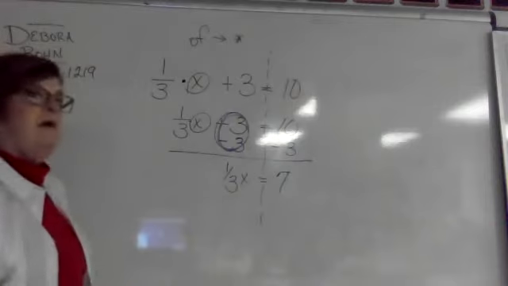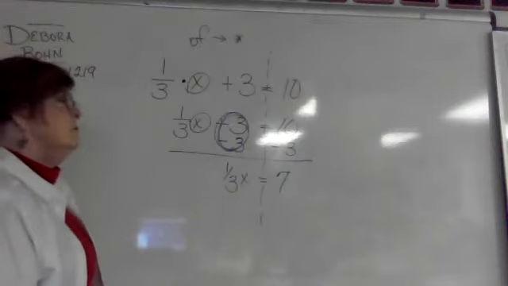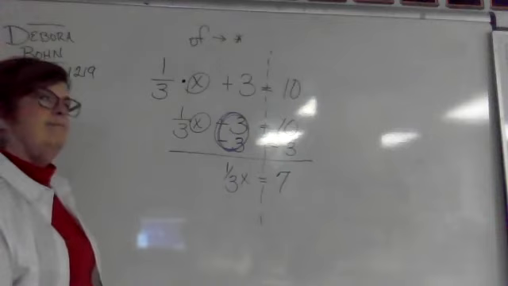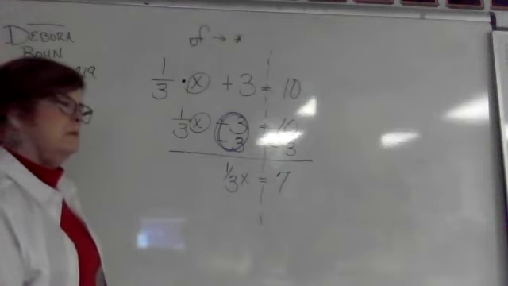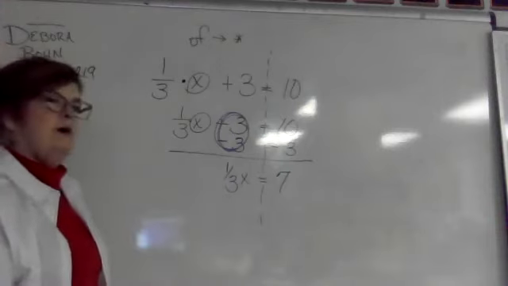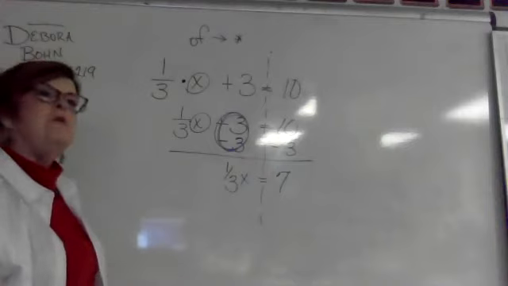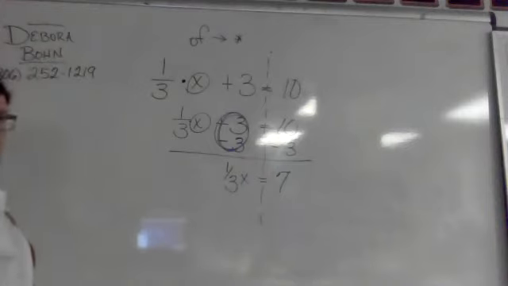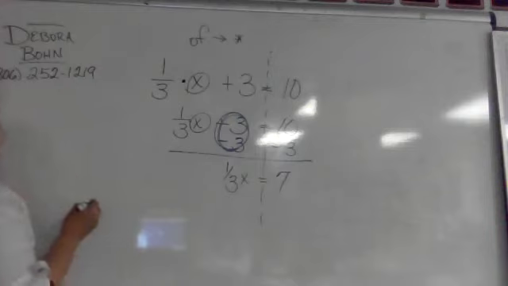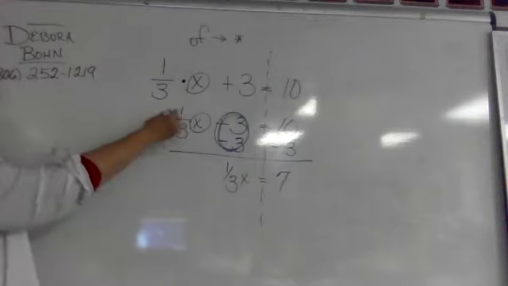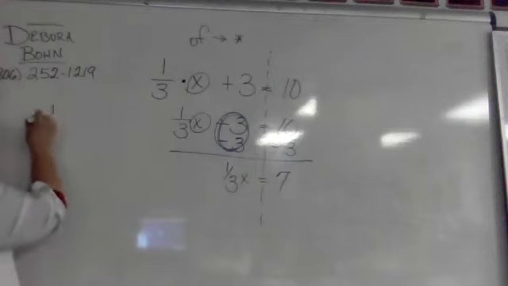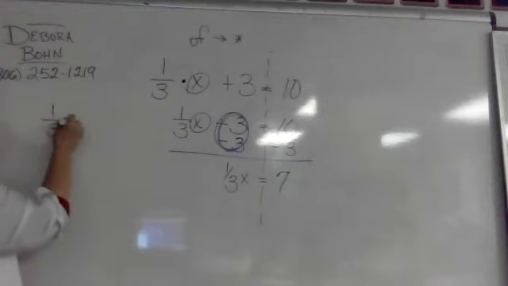Okay, this one I am going to tell you 2 different ways because it might help you. If I have 1/3 x, any kind of fraction x, it's the same, we said it's multiply, right? So I have 1/3 times x.